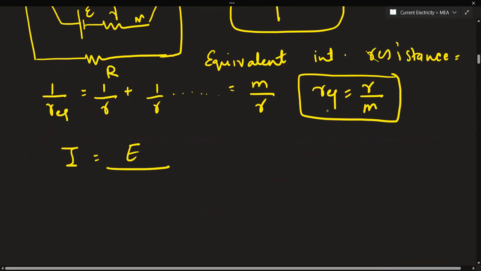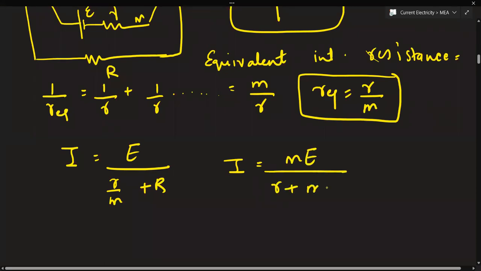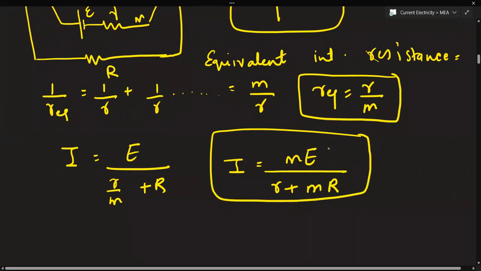R equivalent is r by m plus external resistor R. If you take the LCM, this gets multiplied by m and the denominator m can be moved to the numerator. So current ultimately becomes mE divided by small r plus m into capital R. This is the formula of current that we get.